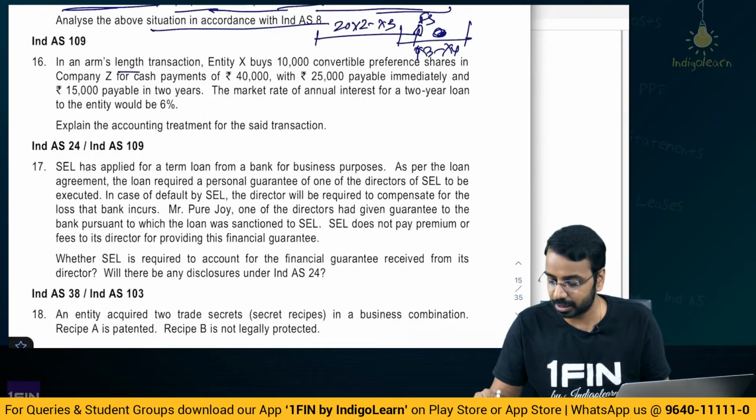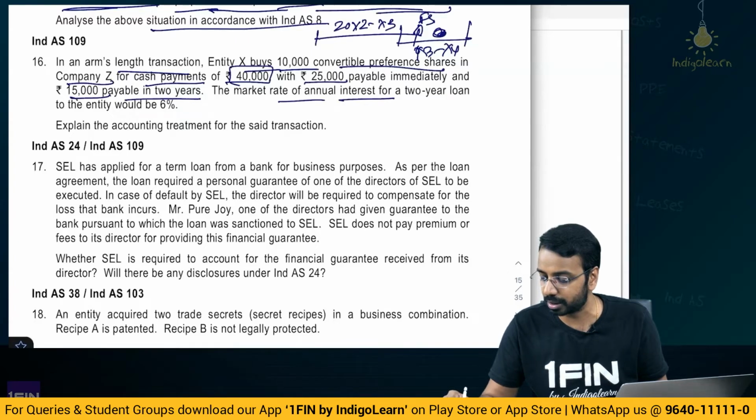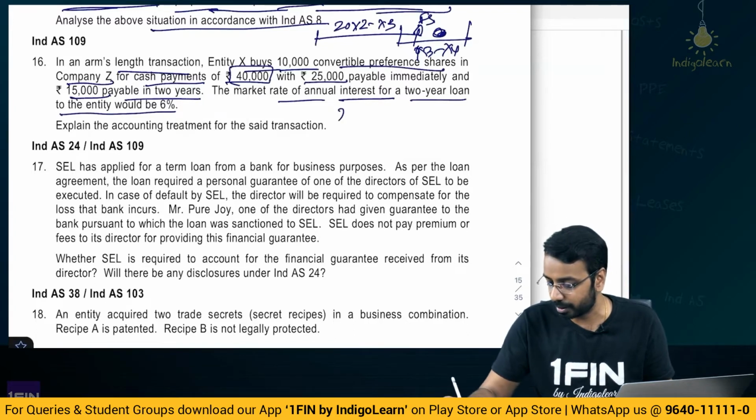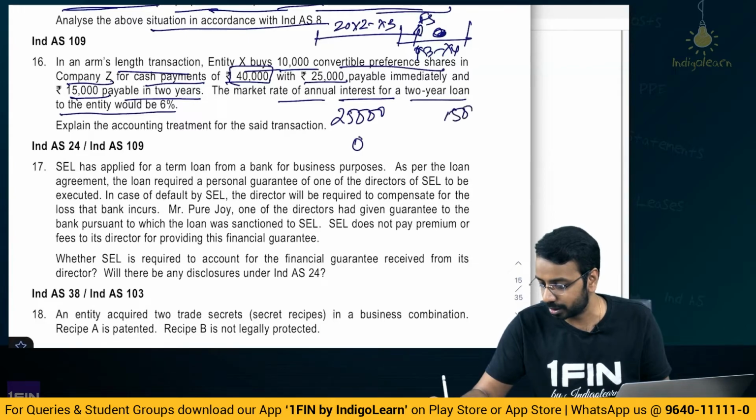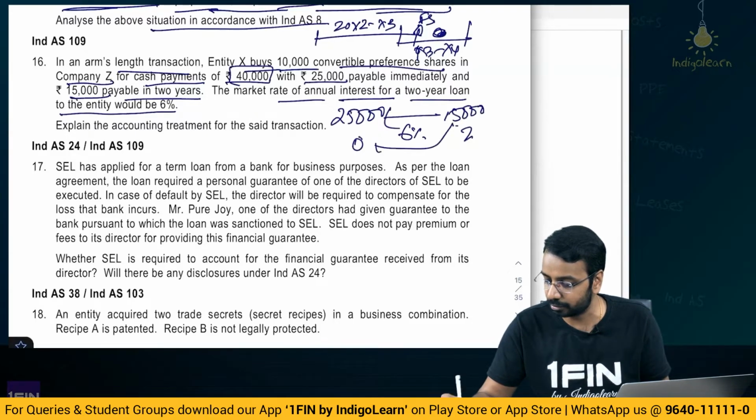In an arm's length transaction, entity X buys 10,000 convertible preference shares in a company Z for cash payments of 40,000 with 25,000 payable immediately and 15,000 payable in 2 years. Market rate of annual interest for a 2-year loan to the entity would be 6%. So you are paying 25,000 today in year 0 and you are paying 15,000 at the end of year 2. This 15,000 you will discount back at 6% and take this amount back to year 0.